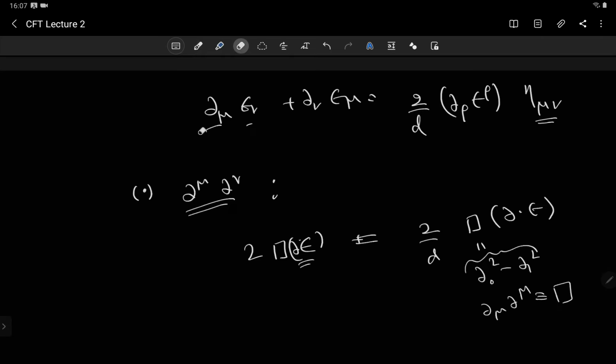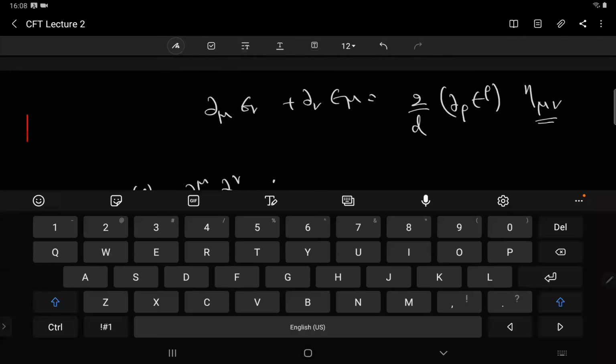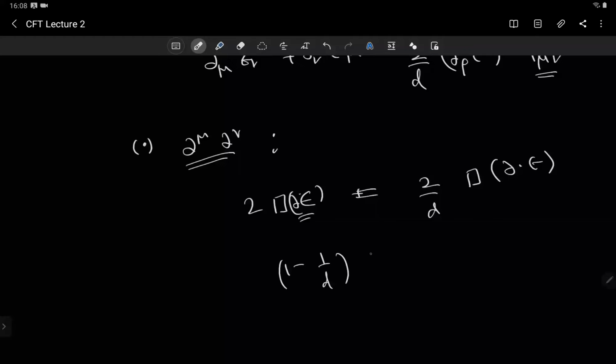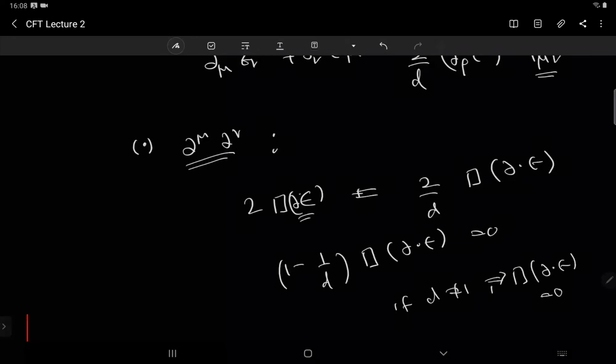If you multiply both sides by del mu, both terms on the left-hand side become the same, and on the right-hand side is just this object. But now, if d is not equal to 1, then 1 minus 1 by d times box of del dot epsilon is 0. So if d is not equal to 1, then box of del dot epsilon is 0.